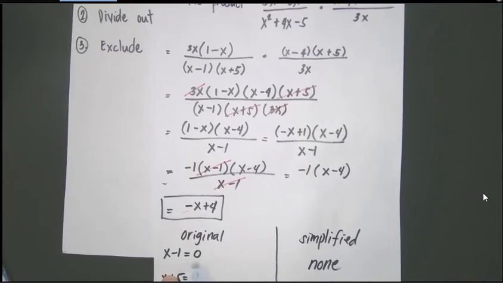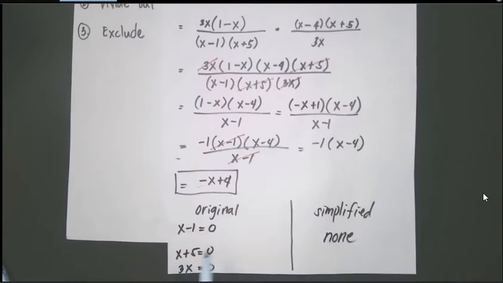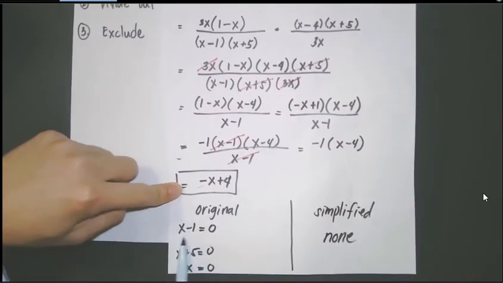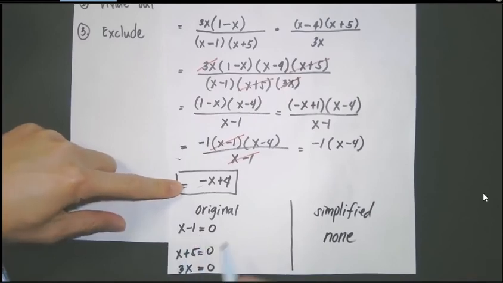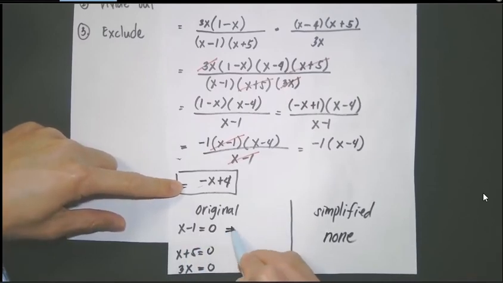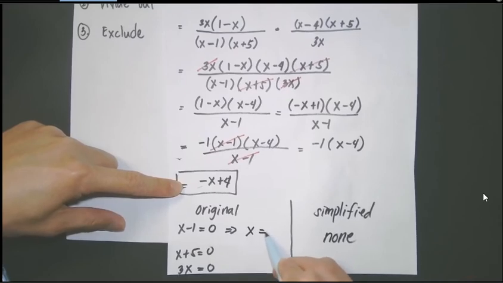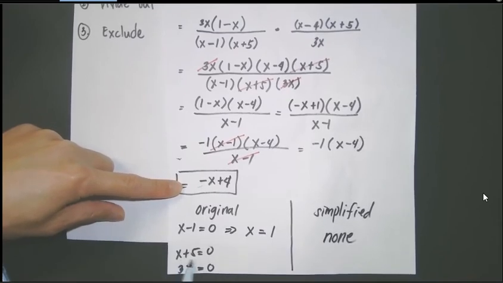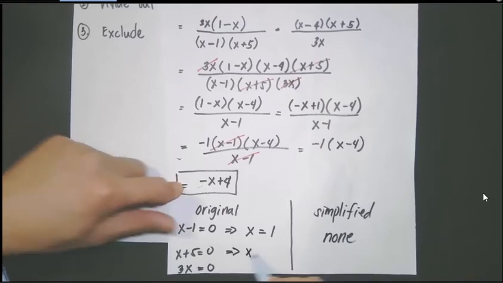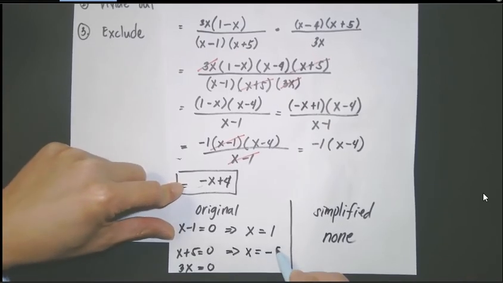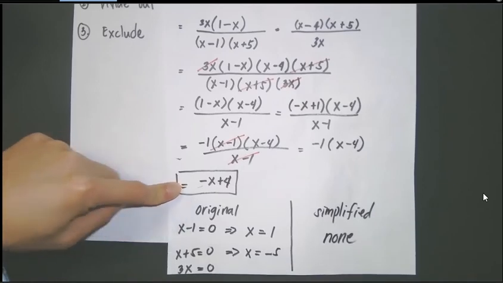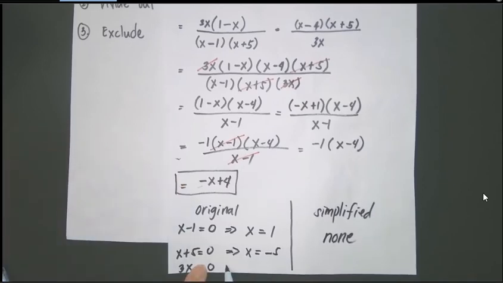Now do your simple math and solve for x. For x minus 1, you will end up with x equals positive 1. For x plus 5 equals 0, you will end up with x equals negative 5. Now solve for x again, 3x equals 0. Do your simple math, and that will give us x equals 0.